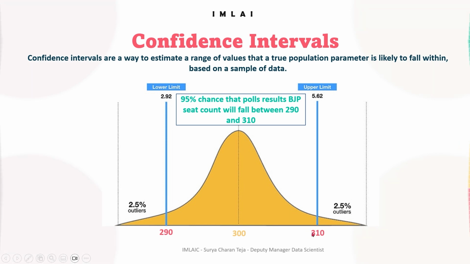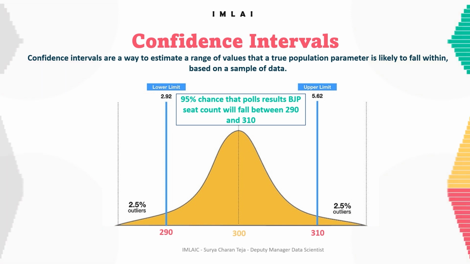So the upper side is 310 and the lower side is 290. Now when we say 95 percent confidence interval, or 95 percent confidence, we say that there is a 95 percent chance that the poll result for the BJP seat count will fall between 290 and 310.